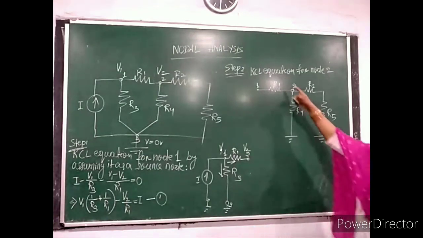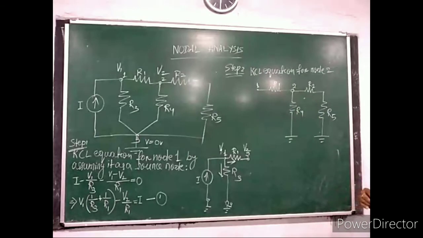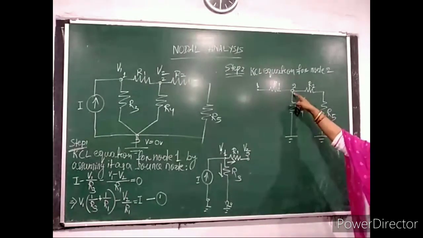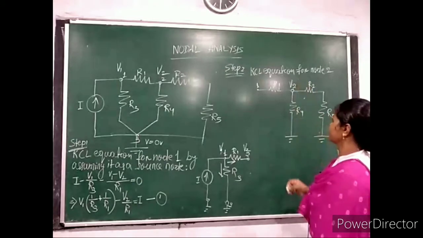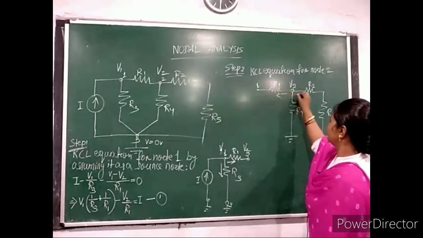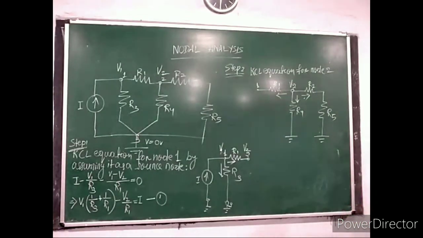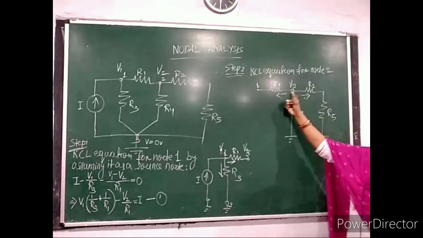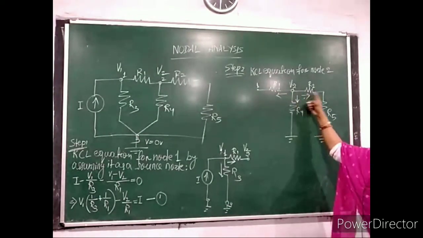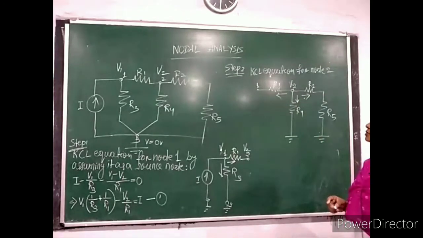Here in this step, what have I taken? I have taken V2 as a source. So all the currents are outgoing from node 2. So the algebraic sum of these currents is equal to 0 by Kirchhoff's current law.